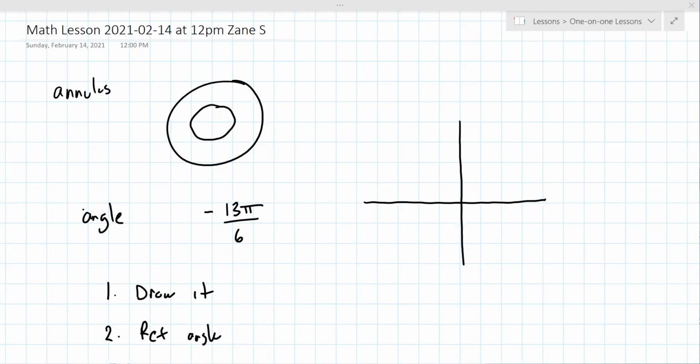Don't you have to give me such a difficult problem? All right. Well, I mean, this is a way to know if you've got it or not. This covers a lot of things, and I can make it easier or even harder. That's fine. So we're going this way because it's negative.